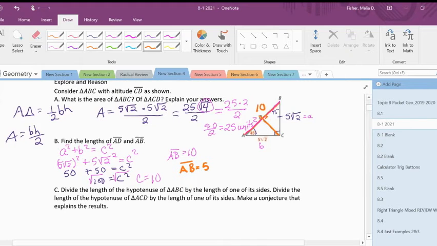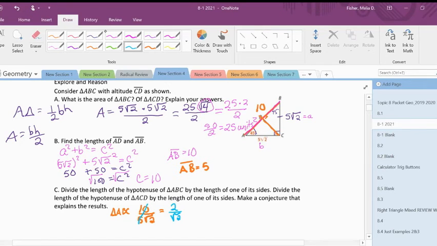So we're going to take the hypotenuse, which is 10, of this triangle ABC, the hypotenuse divided by the side. Let's simplify that. 10 and 5, we can actually reduce. 10 divided by 5 is 2 over the square root of 2.